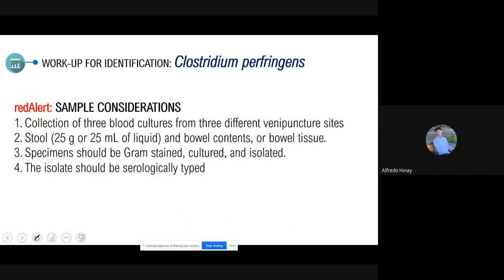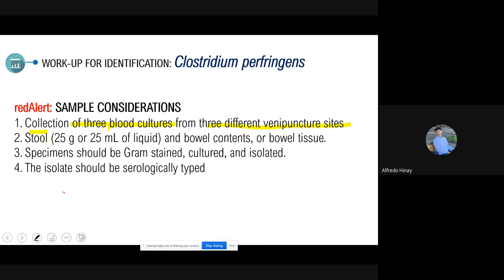Red alert tayo class, 2019 board exam. Okay, yung collection daw na kailangan natin for your blood is 3. Okay, 3 blood collection yung kailangan natin for Clostridium class. Collection of 3 blood cultures from 3 different venipuncture sites.